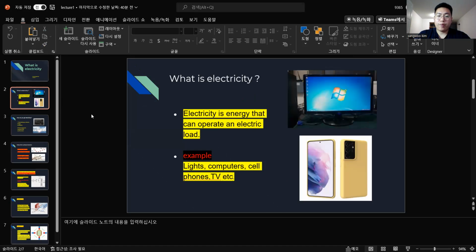For example, electricity is energy, something to operate our electrical stuff, for example TV, computer, cell phone, light, even an electric car, right? So we could say electricity is electrical energy that can operate our electrical stuff, or load.